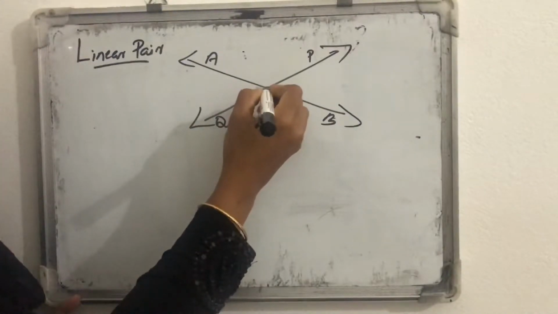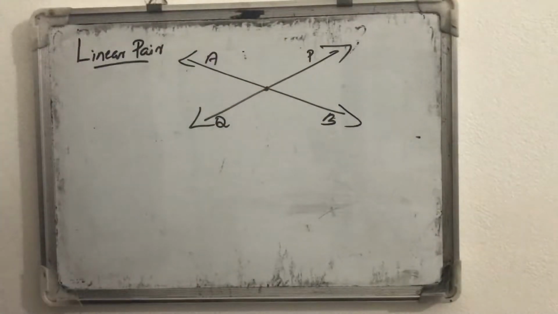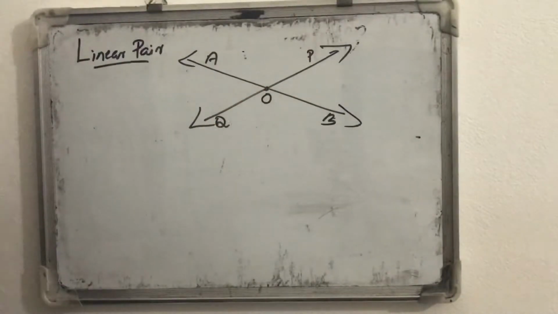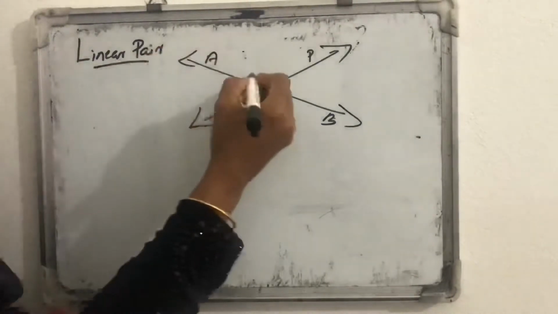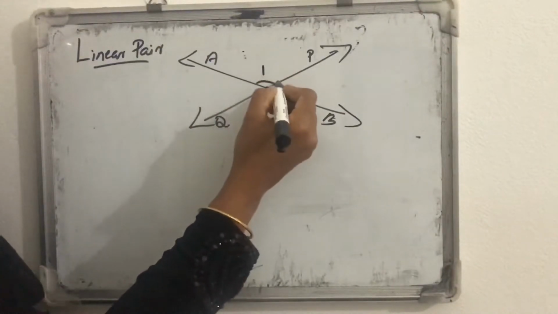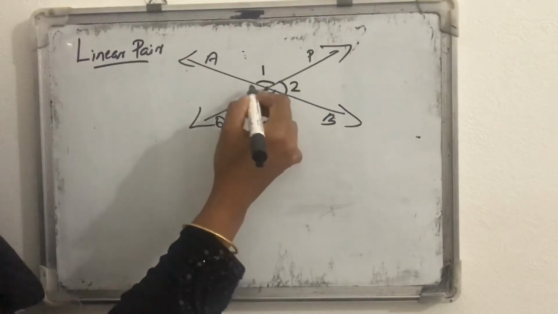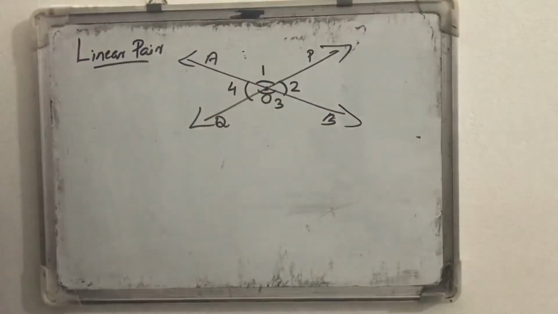The two lines intersect at a point O. And how many angles are formed here? Four angles are formed. This is angle 1, angle 2, this is angle 3 and angle 4.